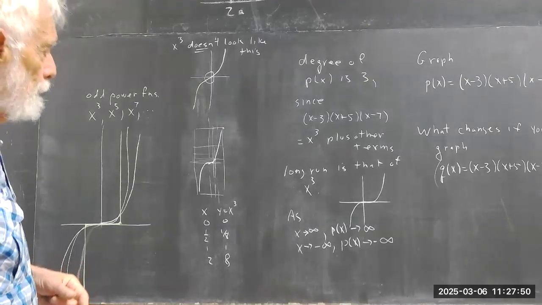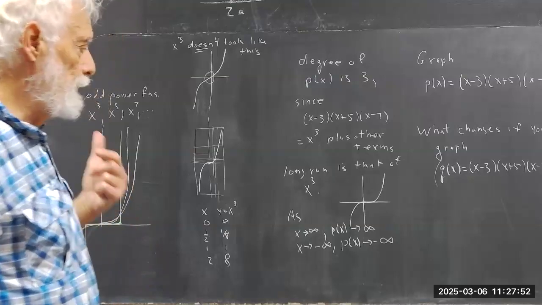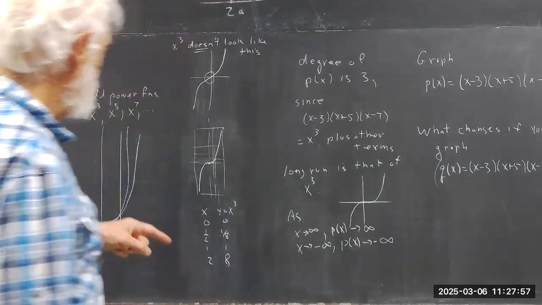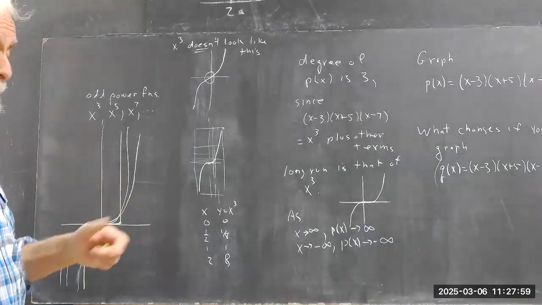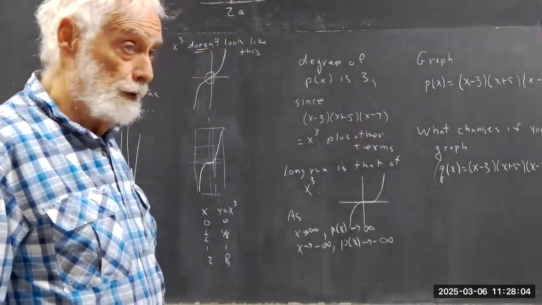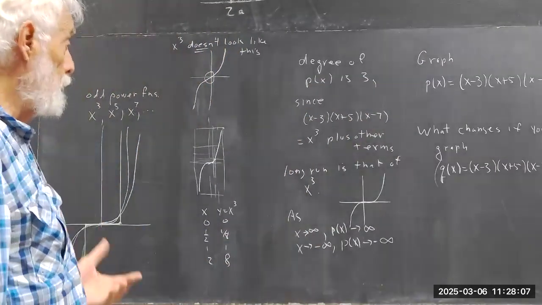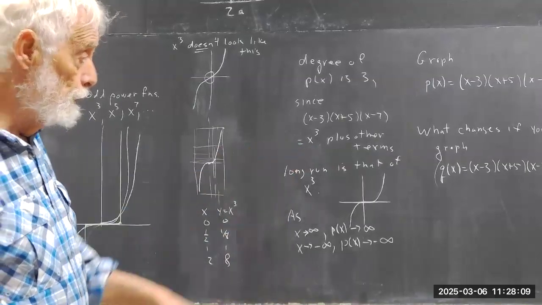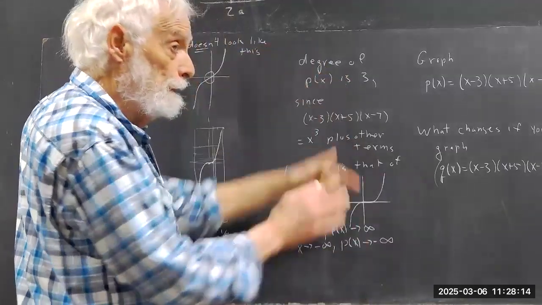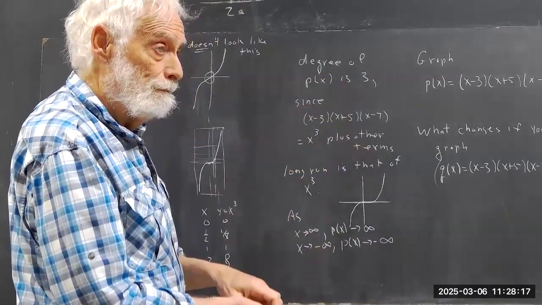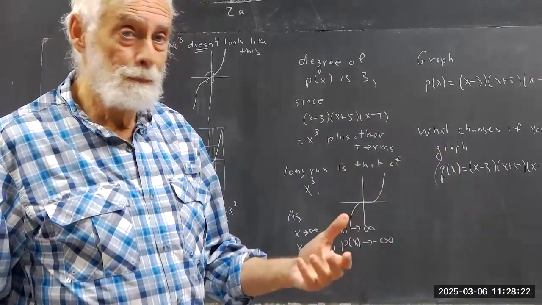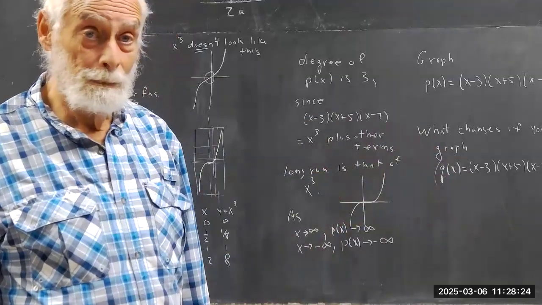So if you see a power function that has a leading term that's an odd power, and if it has a positive coefficient, then it's always going to go to infinity on this side and to negative infinity on this side. If it has a negative coefficient, like a negative in front of an x cubed, well, that would flip the graph this way, because a negative in front of your function reflects it through the x-axis, right?